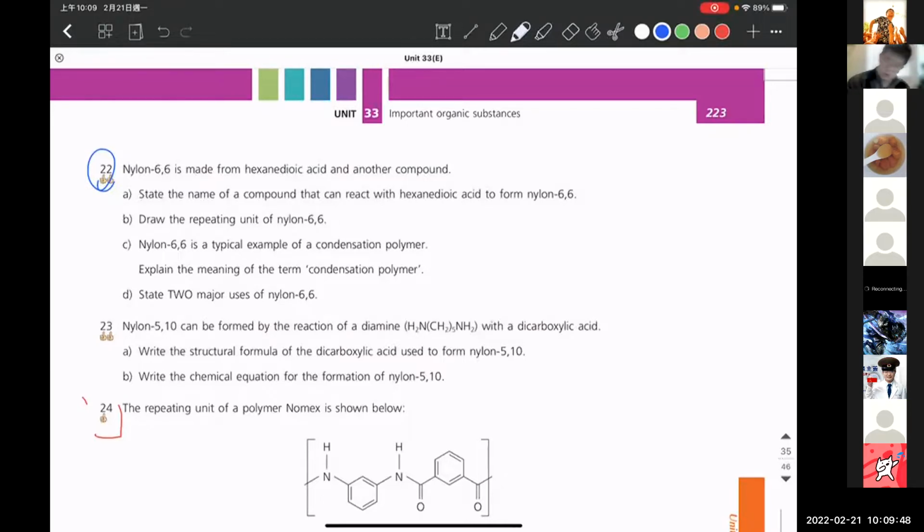Hexane 1,6-diamine. Diamine, di means two, amine functional group. So B, draw the repeating unit of nylon 66.